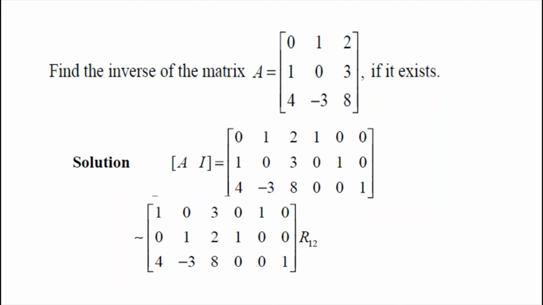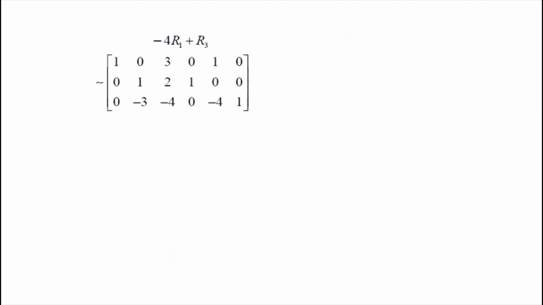The second row is placed as the first row. Now we apply another operation and we add minus 4R1 to R3 to obtain 0 as the first entry of the third row.